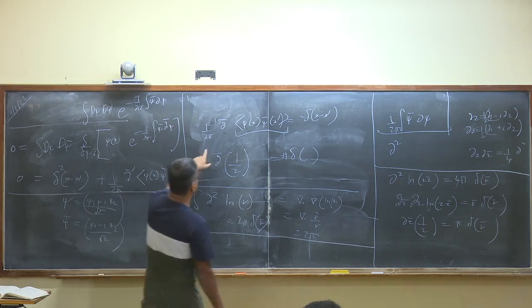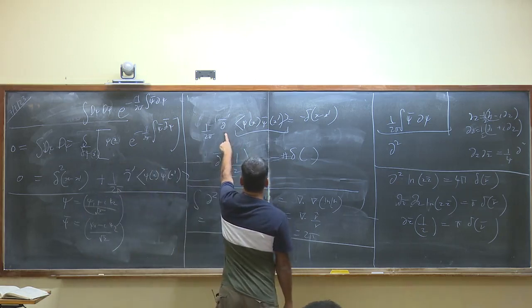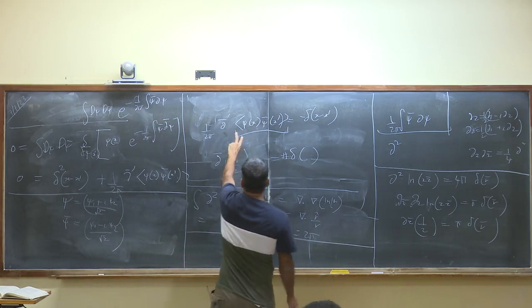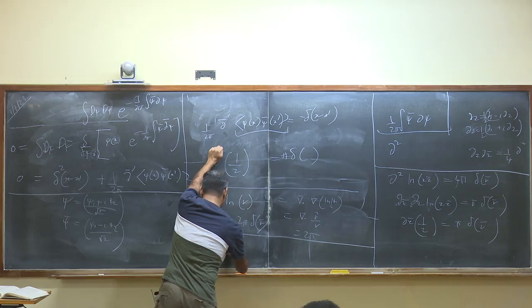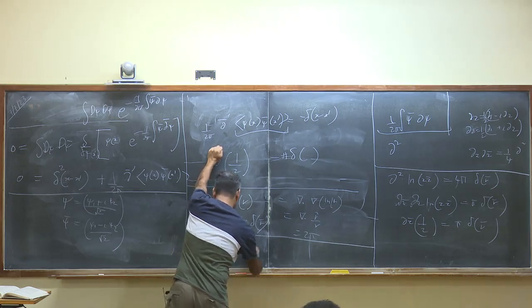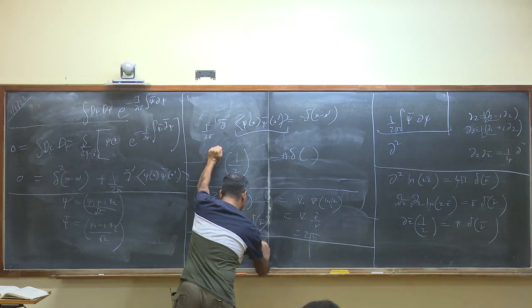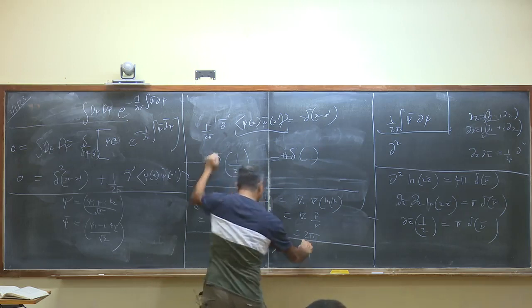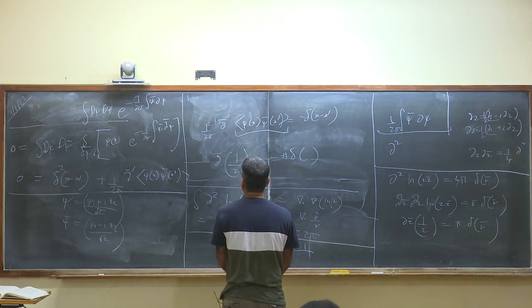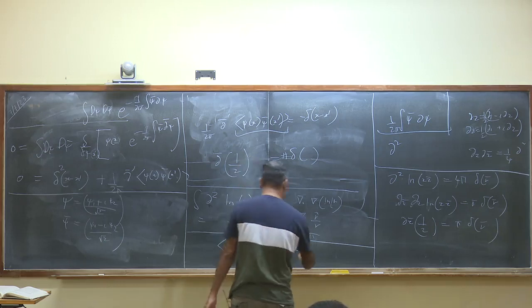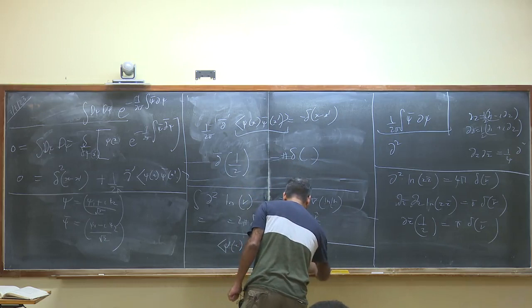We had our relationship, and therefore I'm claiming, and you tell me if it's right, psi of z, psi bar of z bar, psi of z prime is equal to 1 over z minus z bar.